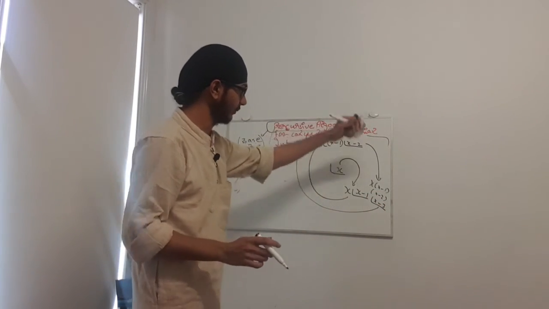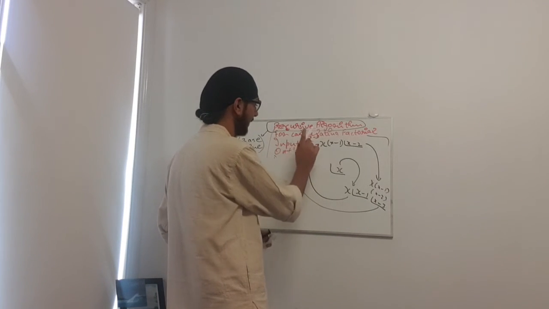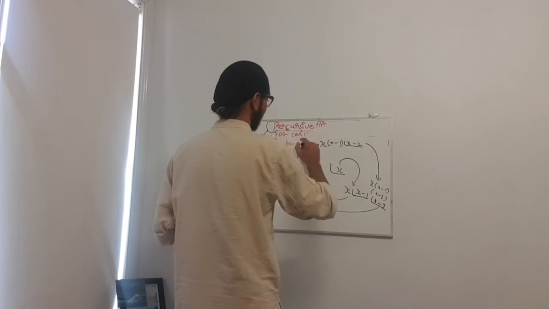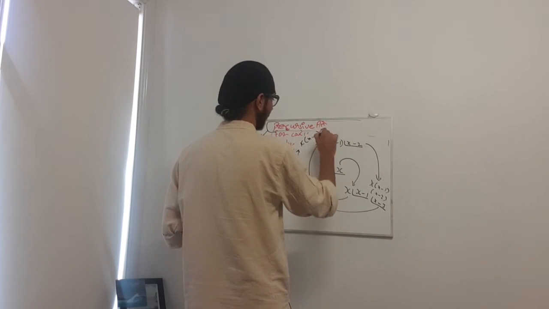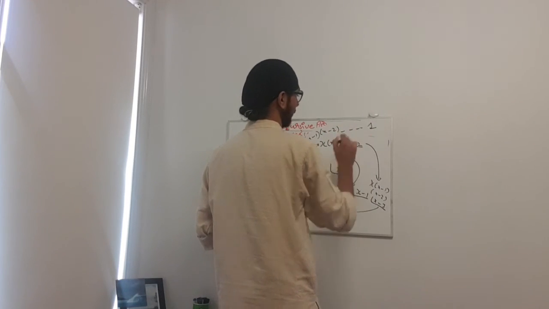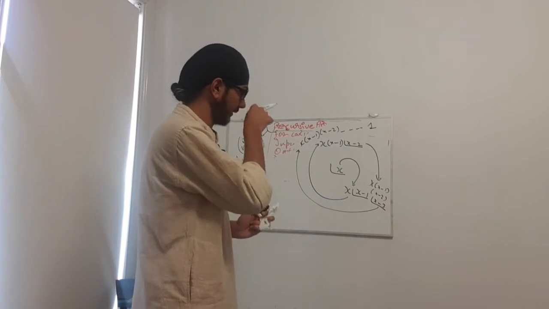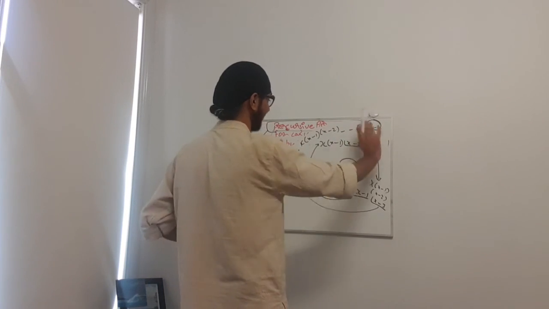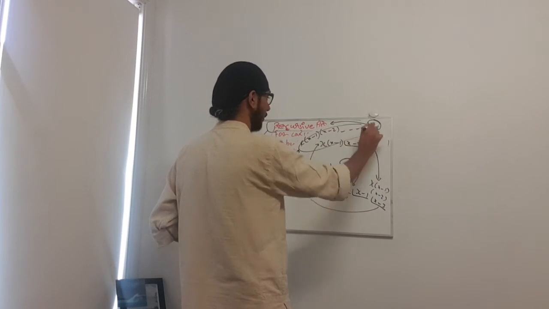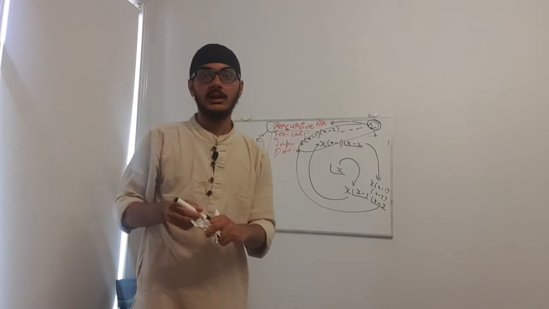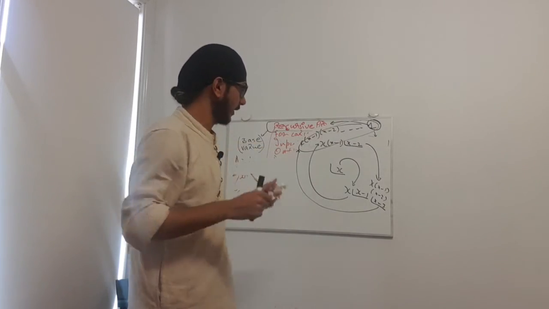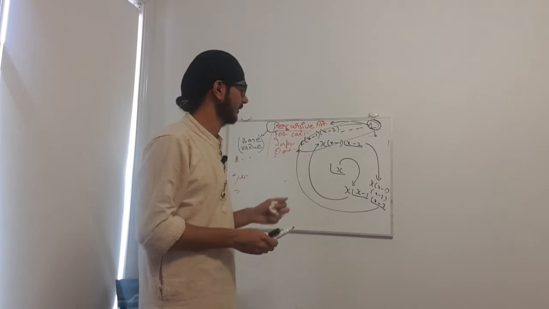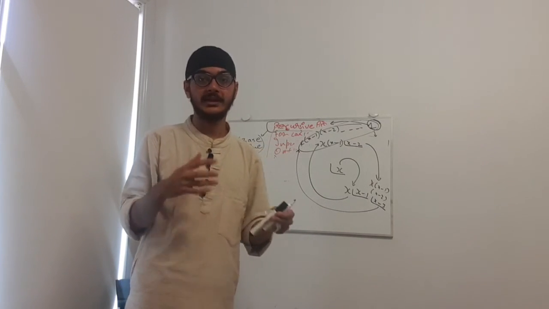In this way, the algorithm loops until, after a number of cycles, we get x into x minus 1, x minus 2, up till 1. When our value becomes 1, it will reach the base case and exit from this loop and return this as a whole value. So this is how the recursive algorithm works in the case of calculating the factorial of any number.